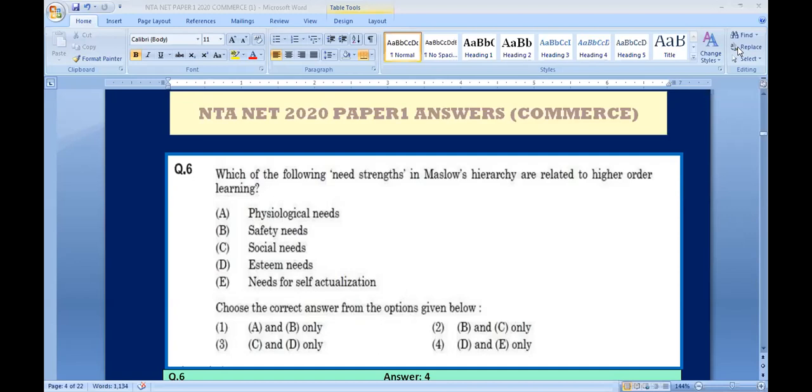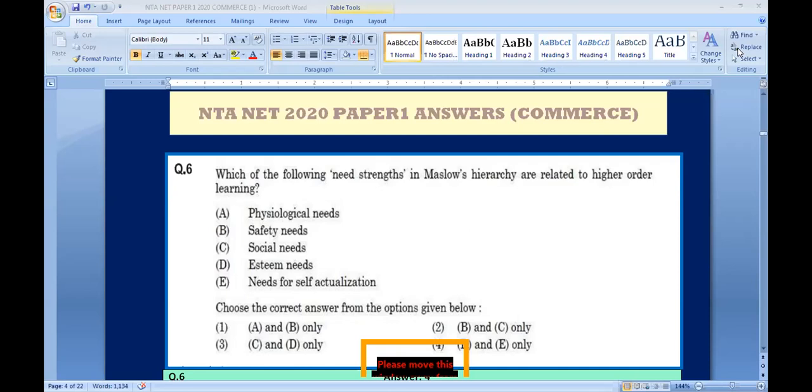But those who come from commerce, psychology, sociology, management background can handle this question because it is part of their syllabus. Or anybody is having organizational behavior, management principles as part of their syllabus, either as a non-major paper or allied paper or the core paper. So those guys can crack the question. Okay.